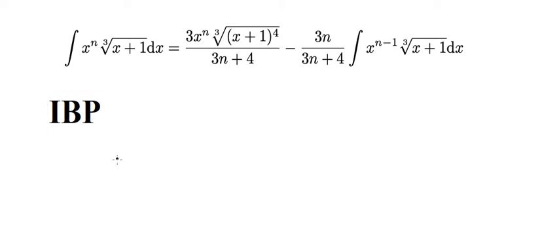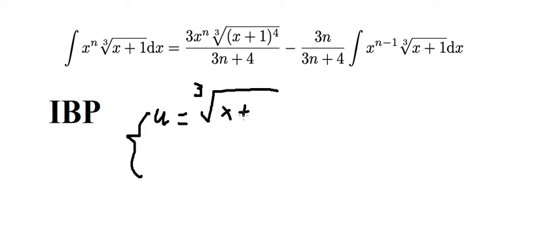So we put u equals to this one, that's the cube root of x plus 1. If we first take the derivative of this one, we know that we can write it as x plus 1 to the power of 1 over 3.